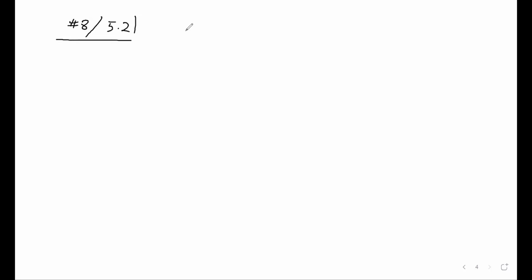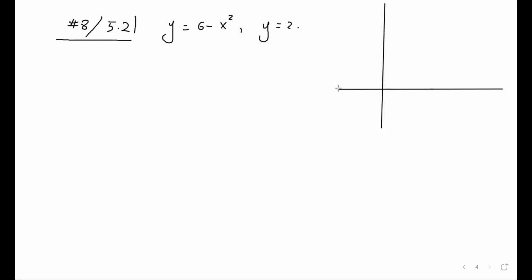So we've got y equals 6 minus x squared, and also y equals 2 in problem 8, and you want to rotate above the x-axis. All right, so let's see, what does this look like? Now, fortunately, I know what this looks like. I can easily tell what the graph is here. Well, I'll show you quickly what the graph looks like. So the graph looks like this, folks.